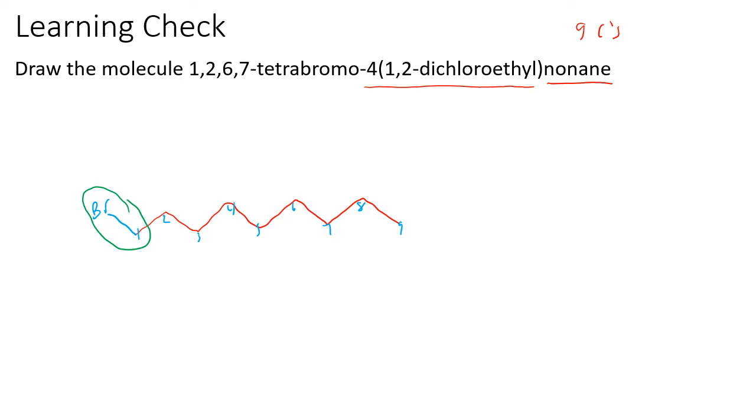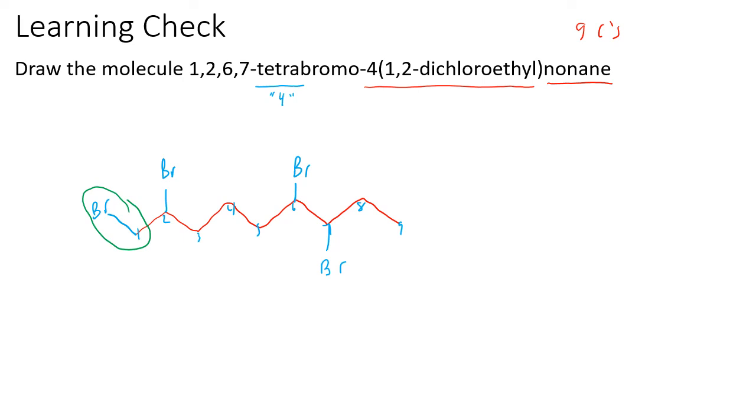It just looks like that because I went off on an angle there. So that's still position number 1. 2, we got another bromo group. 6, bromo, and then 7, bromo. So that takes care of our tetrabromo. Tetra is that Greek prefix for 4. So those were all combined.